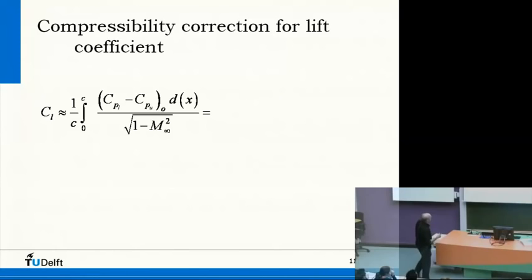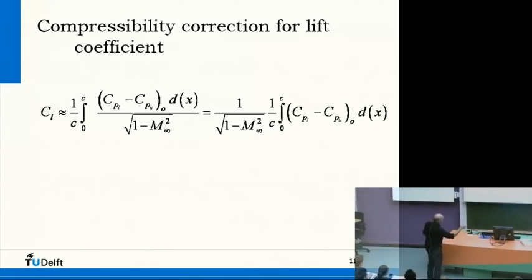Well, here we have what we had before. The CL is about, because it's small angles, the integral from 0 to c of all these CPs divided by this Prandtl-Glauert rule, dx.